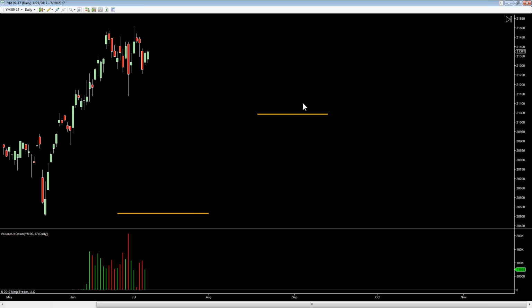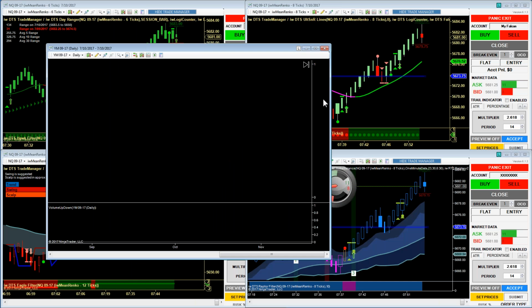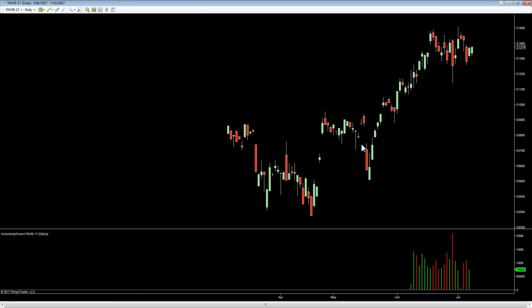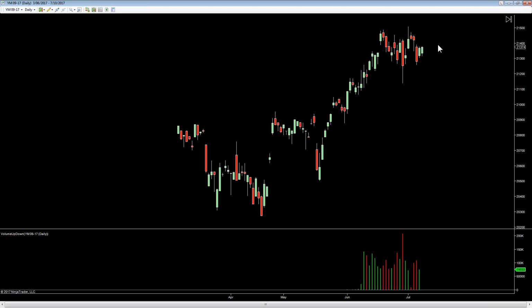The challenge, of course, is identifying which phase of the market you are in. So I think it's fairly safe to say that this has been a markup phase, but now that we're starting to drift sideways, the question is, is this going to be a phase of distribution? And if it is, then we may see the market try to head lower.